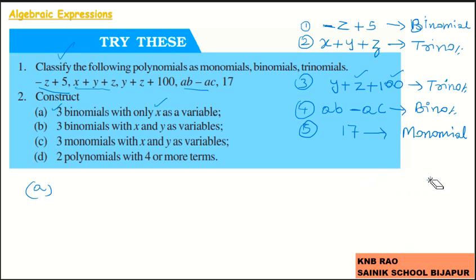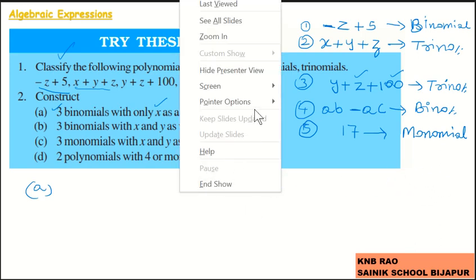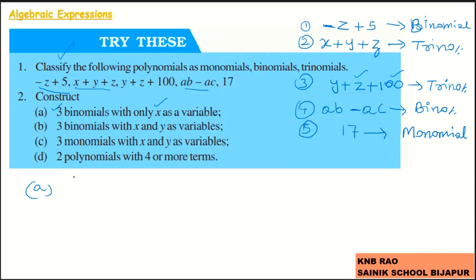Now, let us see how I can construct binomials. Binomial means it has to have only two terms. So let us take 2x minus 3. It has only one variable x, so it is a binomial.